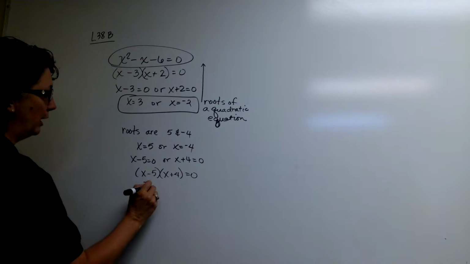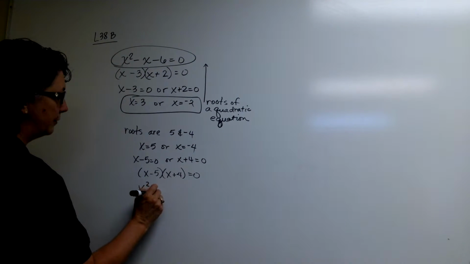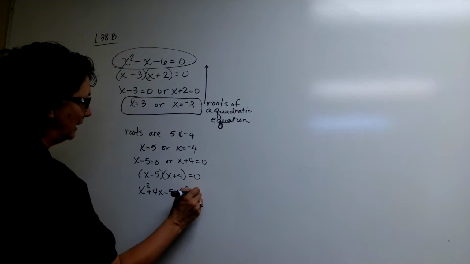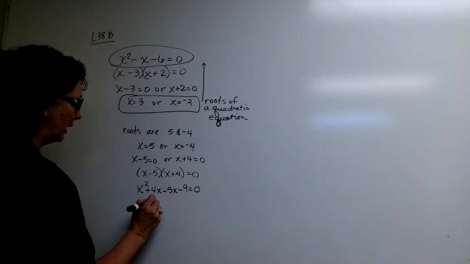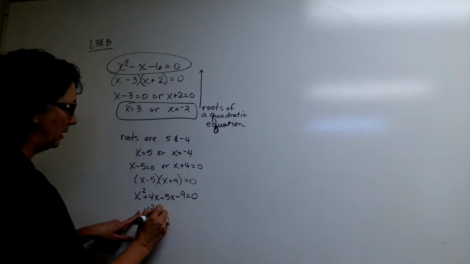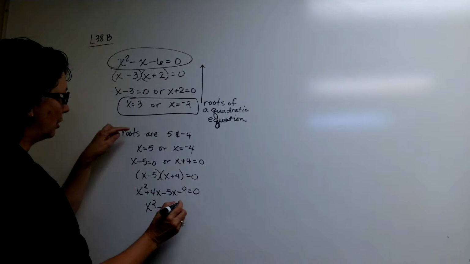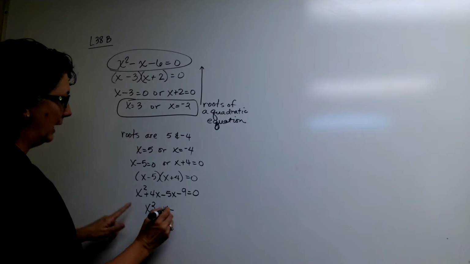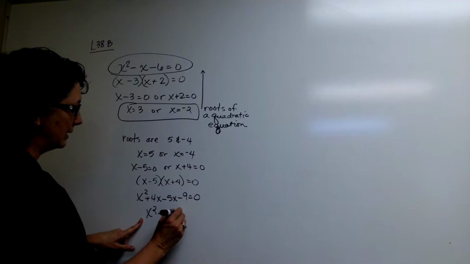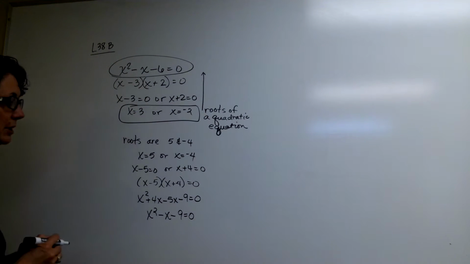So x squared plus 4x minus 5x minus 9 equals 0. So the quadratic equation with the lead coefficient of 1, whose roots are 5 and -4, is x squared minus x minus 9 equals 0.